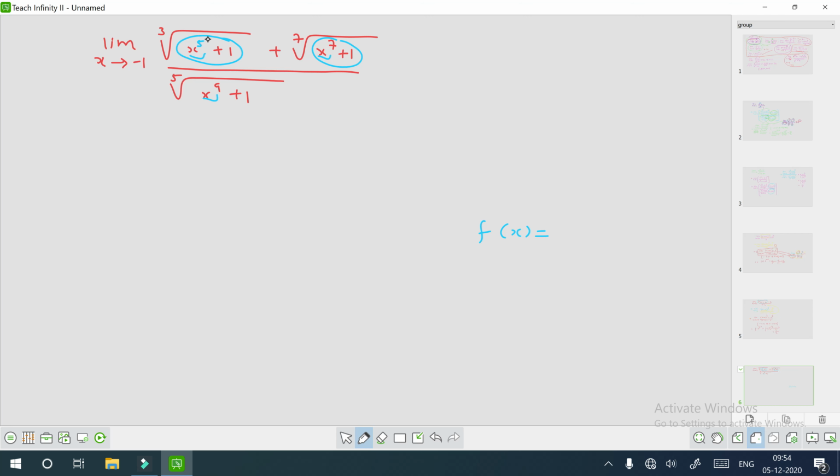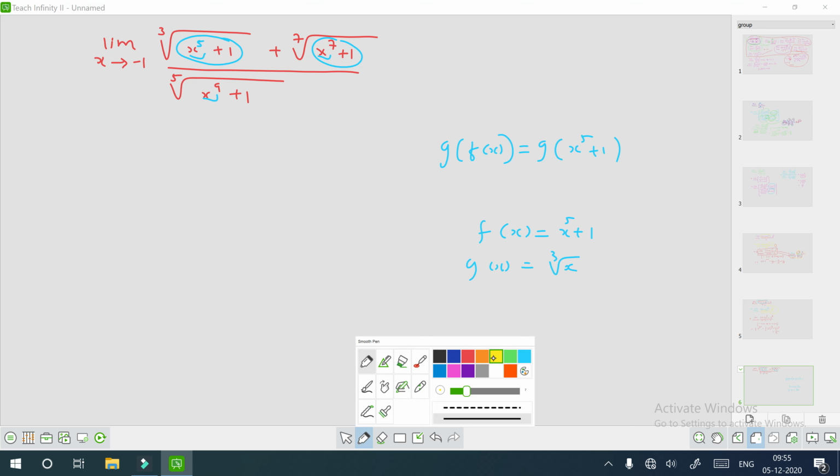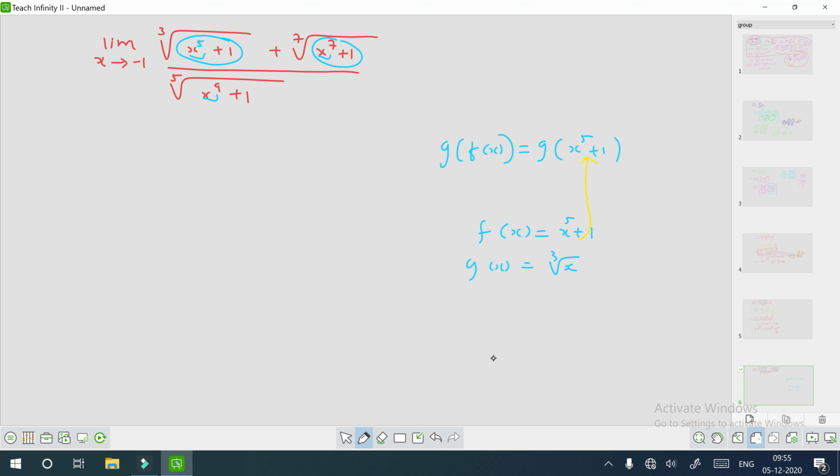Now 1 minute, see here. F of x is equal to x raised to 5 plus 1. G of x is equal to cube root of x. Then image of image, g of f of x. What is f of x? X raised to 5 plus 1. Now, g of x is equal to cube root of x.